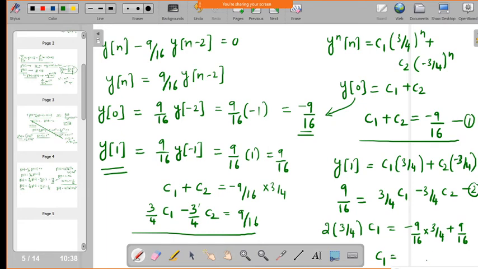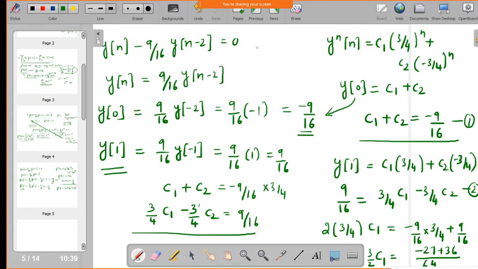So we can take 64 as the LCM, and this will be equal to minus 27 plus 36, which gives 3 by 2 of C1.